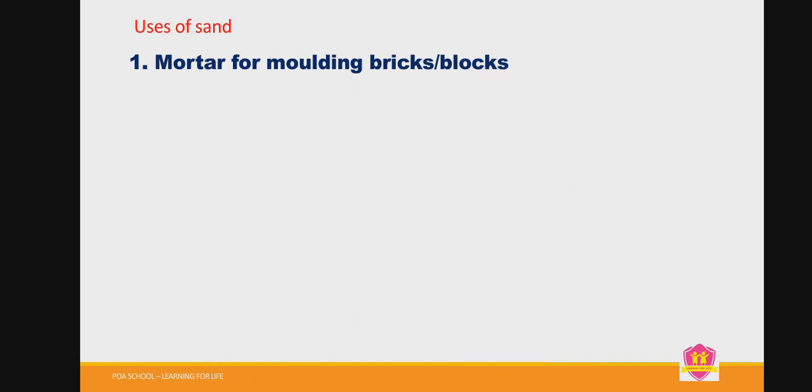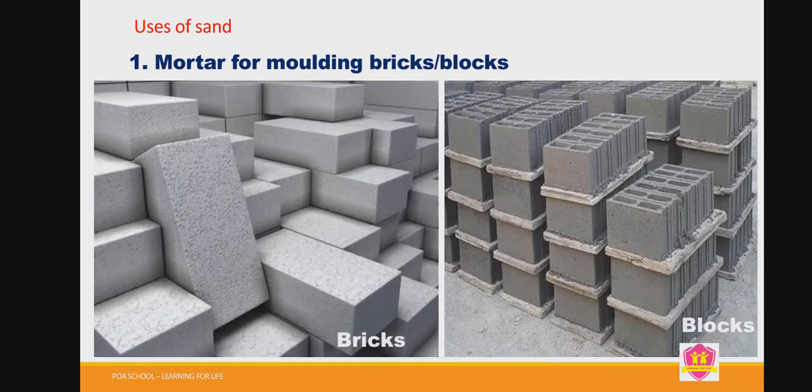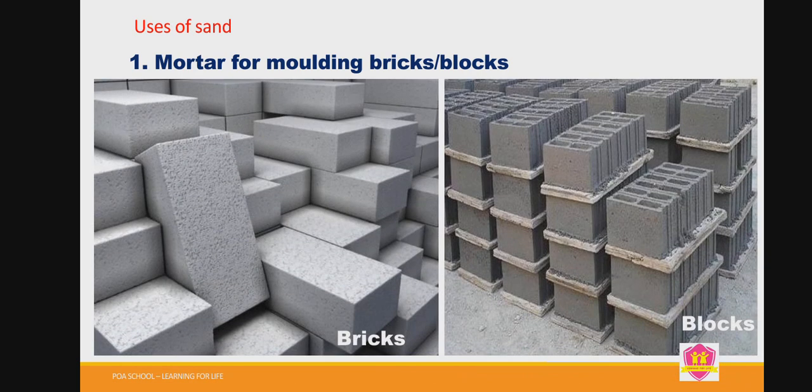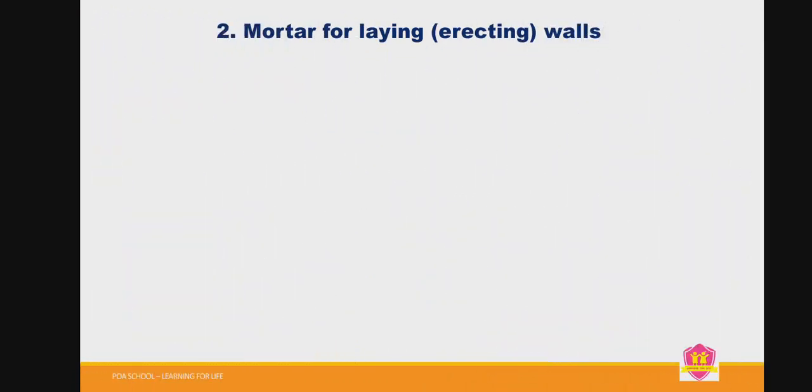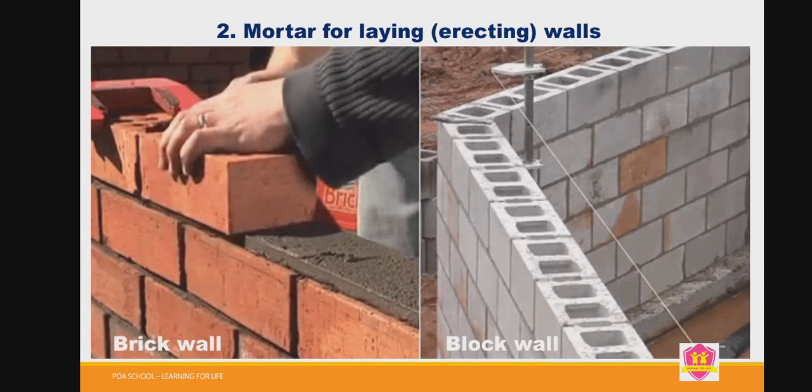Uses of mortar. One, mortar is used for molding bricks and blocks. The image here is a typical example of bricks and blocks which were molded out of sand, though before you can mold it, it is a combination of other building materials from which you obtain your mortar. The second use is for laying or erecting walls, such as a brick wall and a block wall.